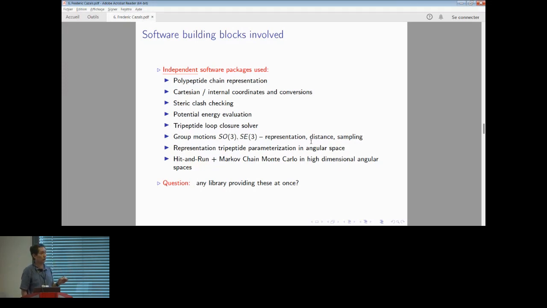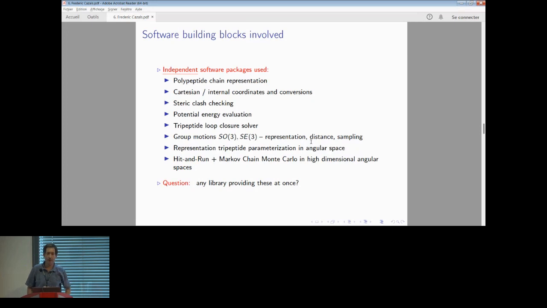You need to do calculations on group motions, SO3, SE3, rotations, translations. There is some parametrization involved in angular spaces for the internal geometry of the long loops. And finally, you need to run these complicated MC methods to sample this high-dimensional curved domain. And so, as you can see, this is a complicated endeavor. If you want to complete this program, you have to assemble these pieces of software, these algorithms.